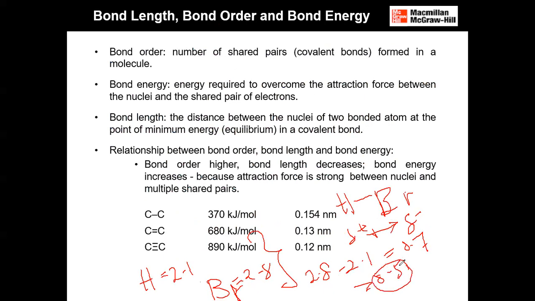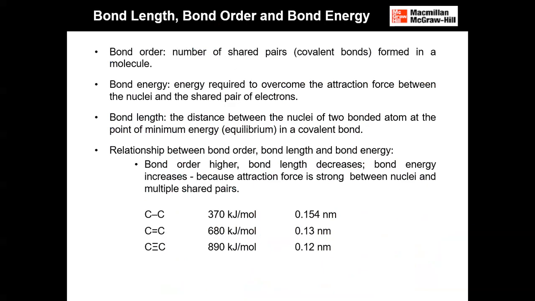That is more than 0.5, so this is polar covalent bonding, because it is more than 0.5. This is how you calculate the electronegativity difference. Any questions about the electronegativity difference?